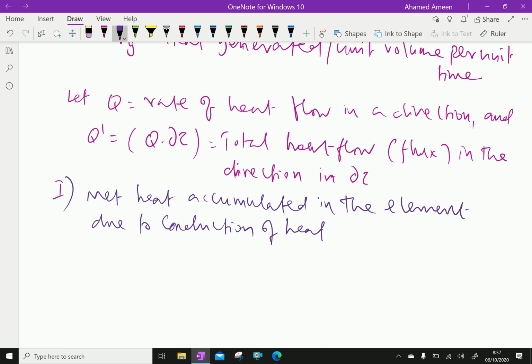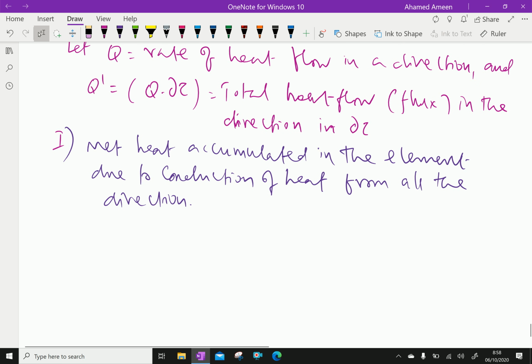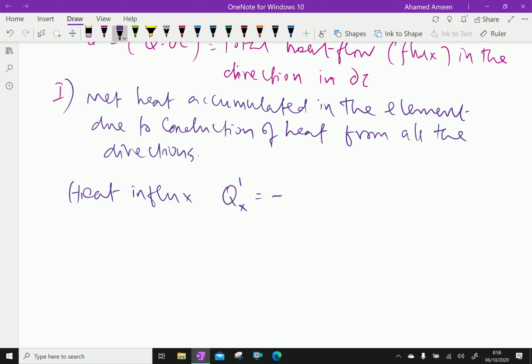Therefore, heat influx in the x direction, we can write, is Q'x equals minus kx dy dz ∂T/∂x dτ.